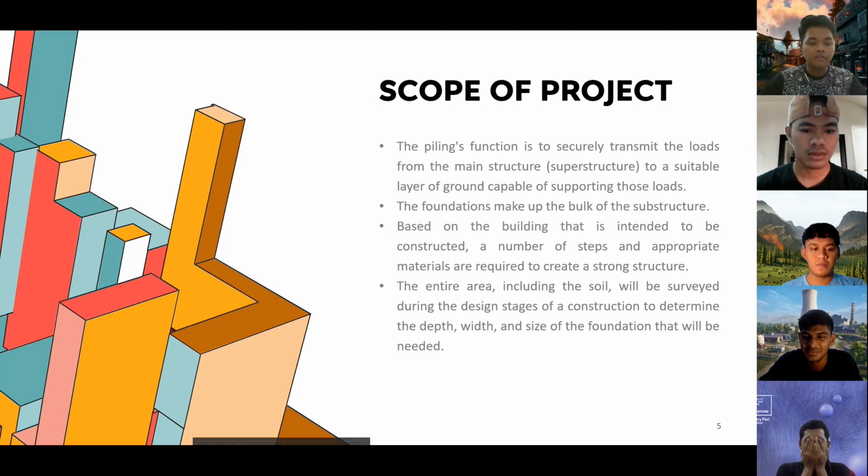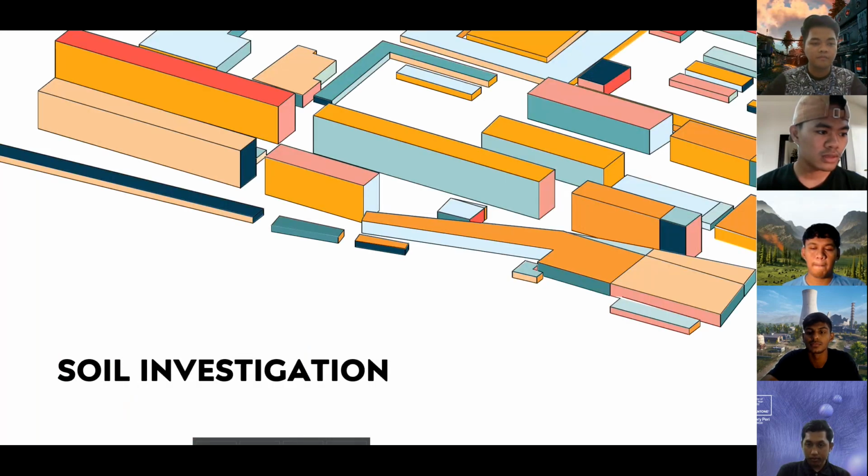Point three, based on the building that is intended, a number of steps and the available material are used to create a strong structure. And the last point, the intended area, including the soil, will be surveyed during the design stage of the construction to determine the depth, width, and size of the foundation that will be needed in the project.